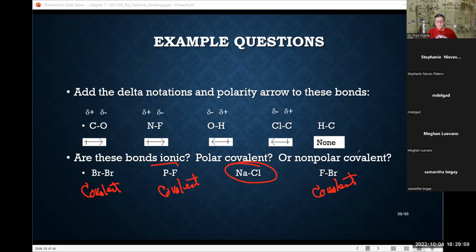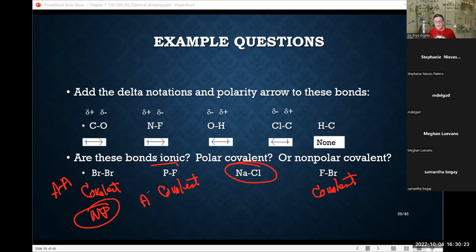Now we do this for the covalents. We do the further classification. BR. That scenario is an AA scenario. So this is a non-polar bond, okay, and a molecule. Phosphorus and fluoride.